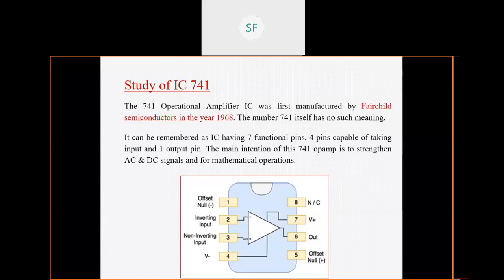So you should be aware of this. You use an op-amp IC, then a multivibrator IC, the IC 555 timer IC. So these two ICs you use most of the time in your projects. So you should be aware of these two ICs. All right.